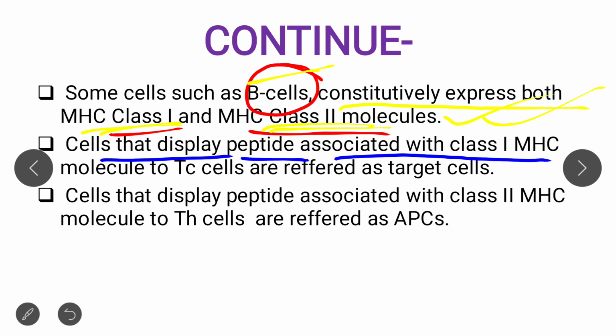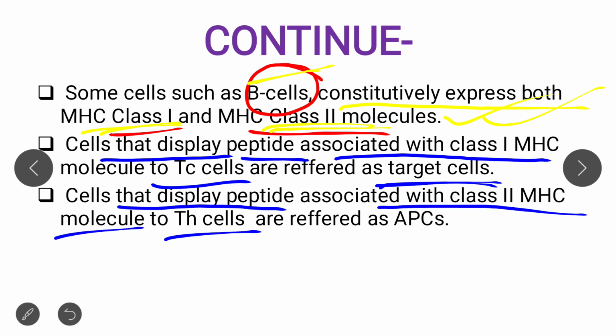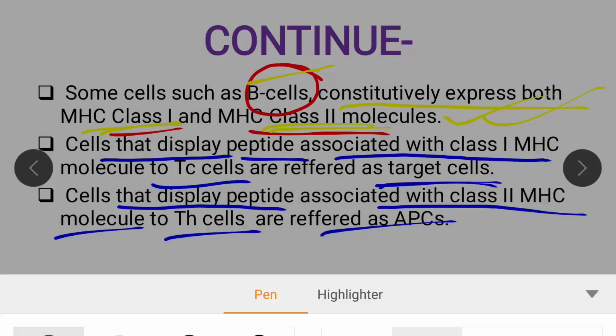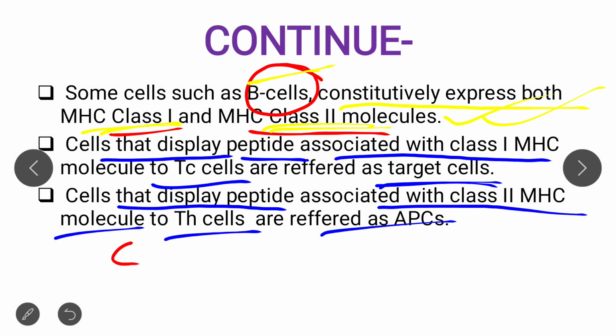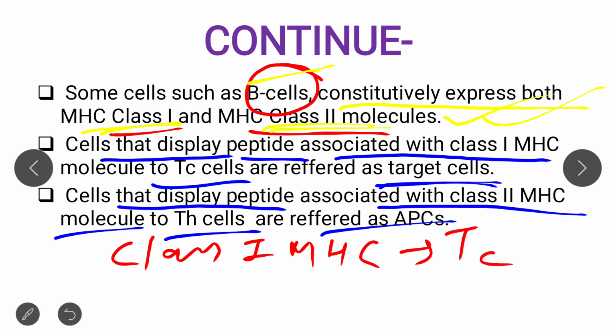Cells that display peptide associated with class 1 MHC molecule to TC cells are referred to as target cells, and cells that display peptide associated with class 2 MHC molecule to T helper cells are referred to as APCs. Okay, if we have this idea clear, class 1 MHC is for TC cells, while class 2 MHC is for TH cells.